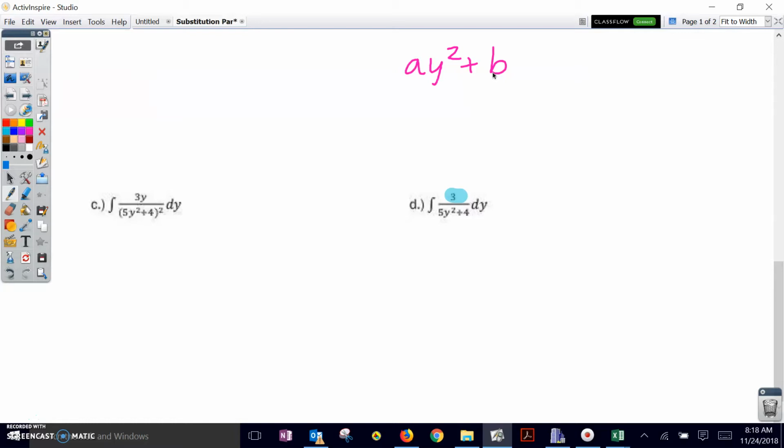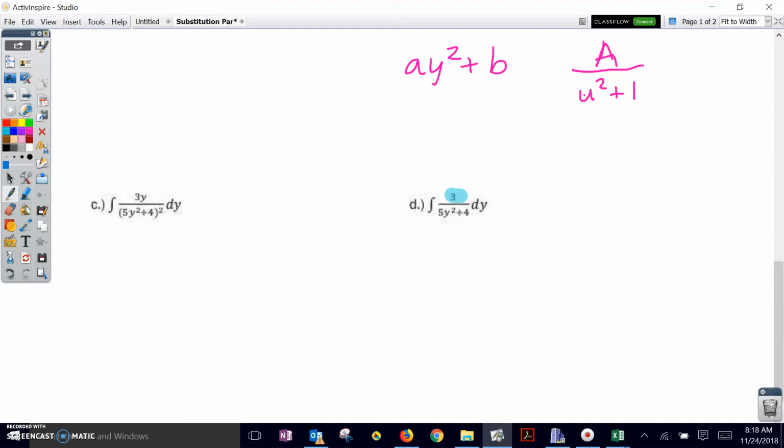Our goal is to turn this substitution into one where it ends up being something over u squared plus 1. Because when we have some constant over u squared plus 1, we can integrate that by using the arctangent function. The arctangent function is the integral of du over u squared plus 1. So we want to turn this into that form.